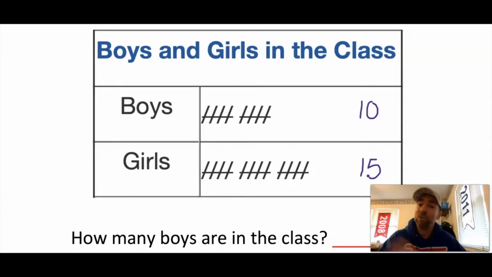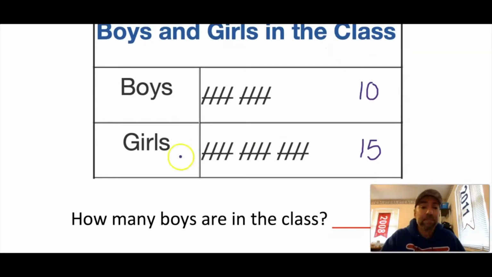So then when we had our tally chart, we were able to answer some questions. Here's our first question. How many boys are in the class? Well, we go back to our tally chart and we can count up our tally marks again, but if you were a smart mathematician and you wrote the number after you counted it, you now know how many boys there are.